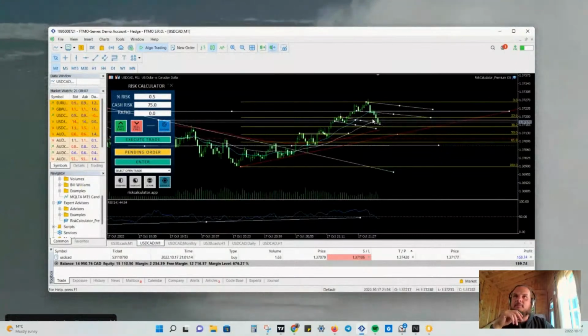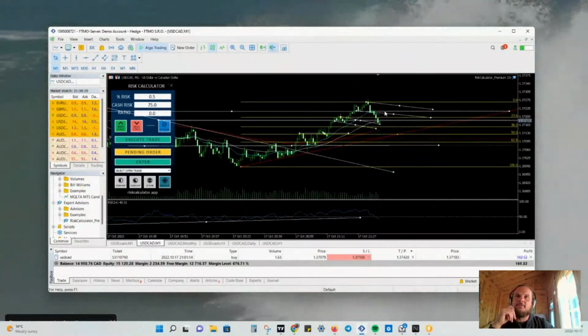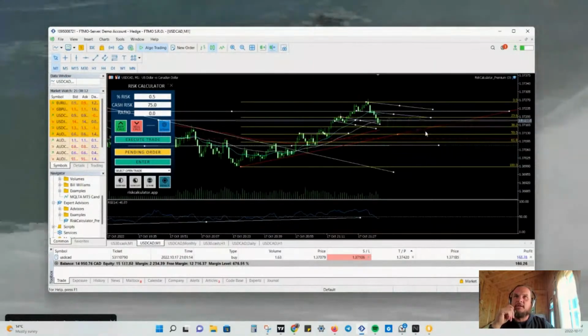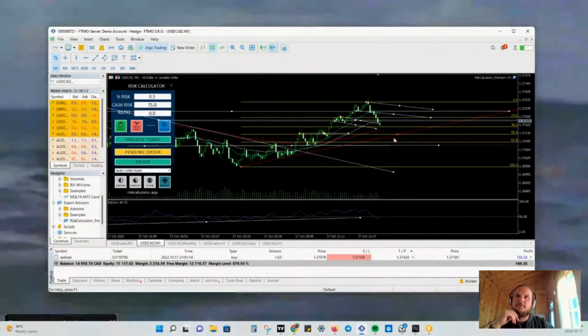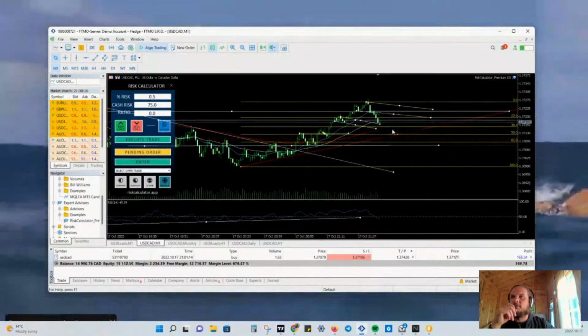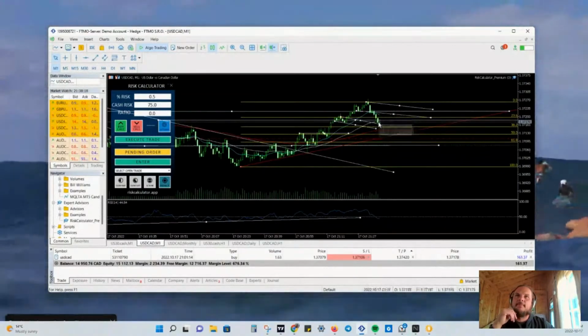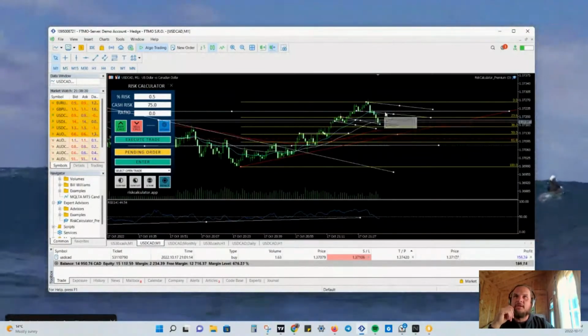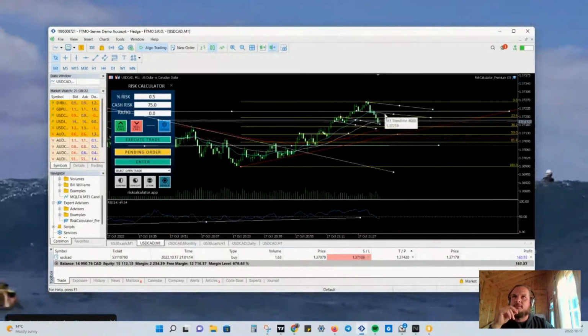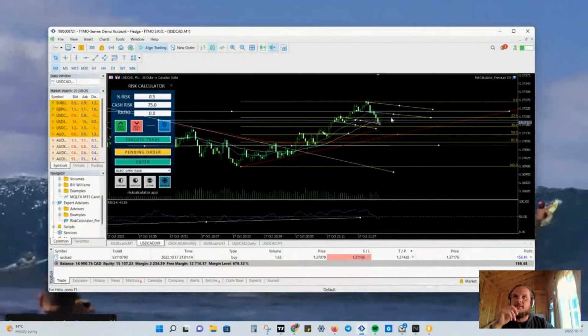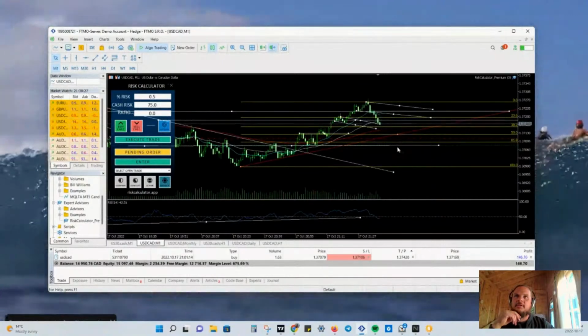I'm not gonna lie, I'm waiting for a bounce, which is possibly foolish. But usually you'll get some kind of relief rally. Come back up and test this area.